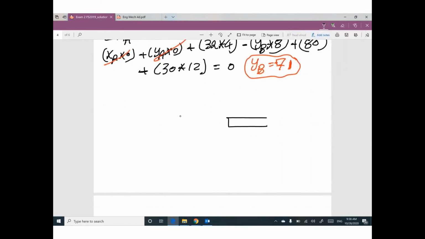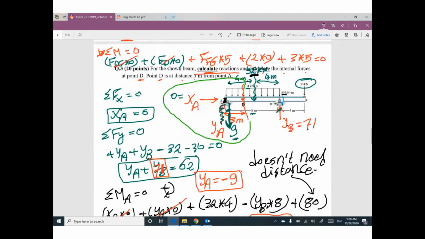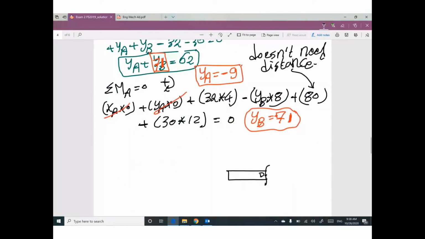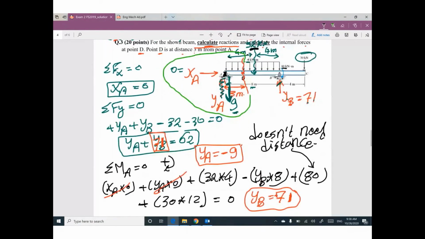Here is the cut at point D. Remember, this part has horizontal reaction here 0, vertical reaction here to down 9, a little bit of the distributed load 4 kilonewton per meter, and this little distance is 3 meters. It's given. You remember that? Point D at distance 3 meters.